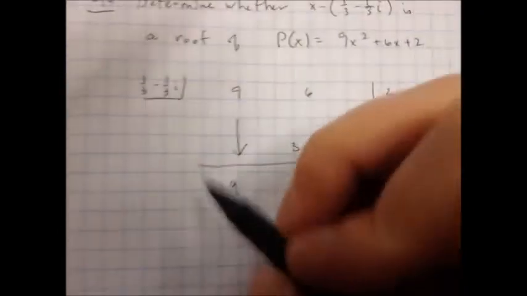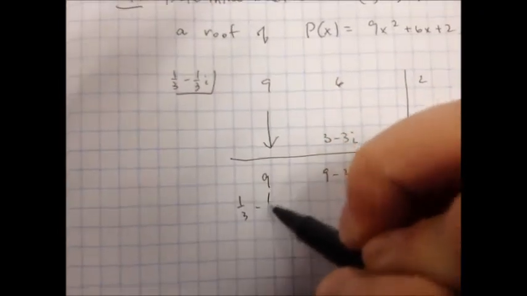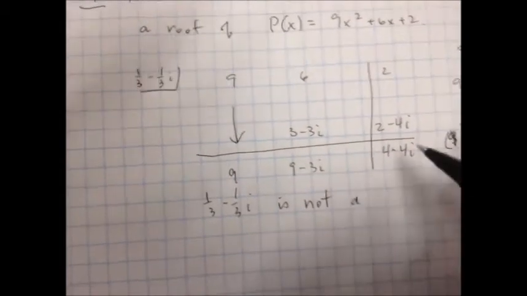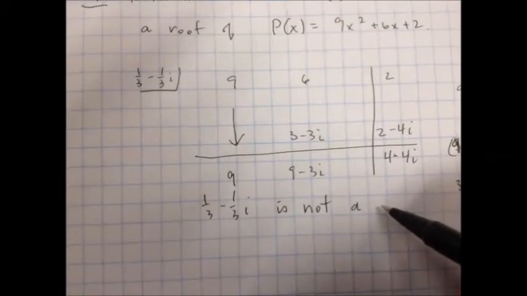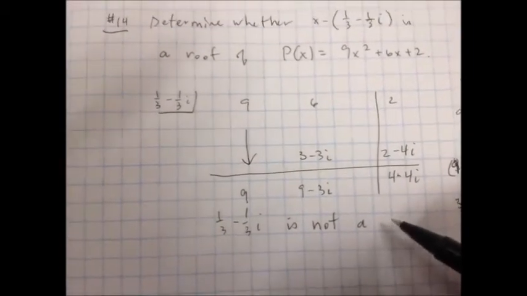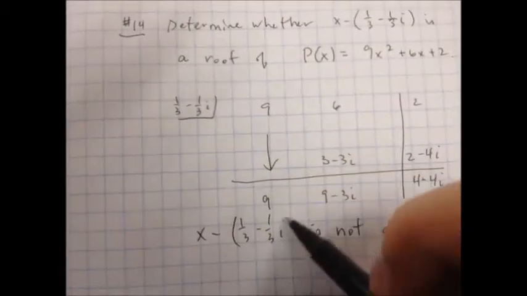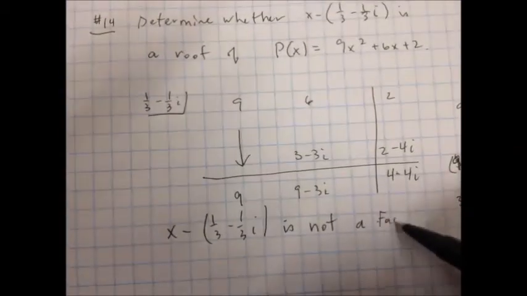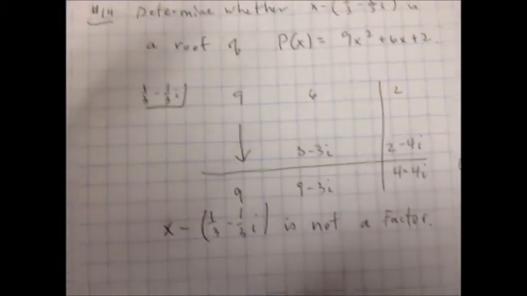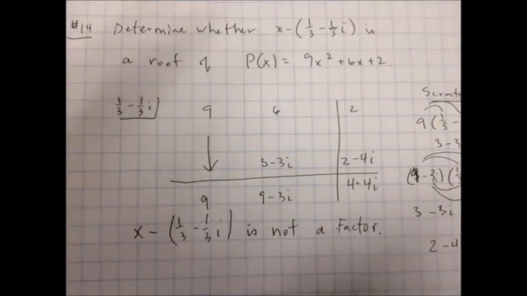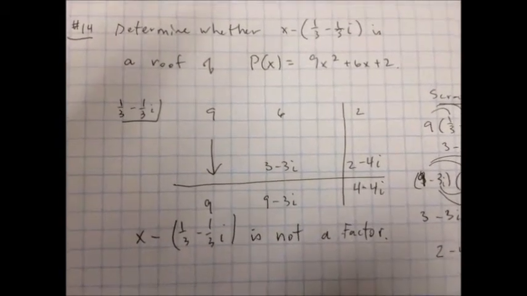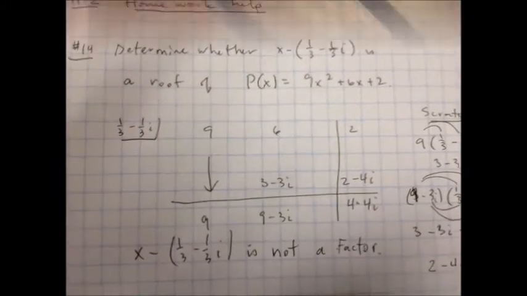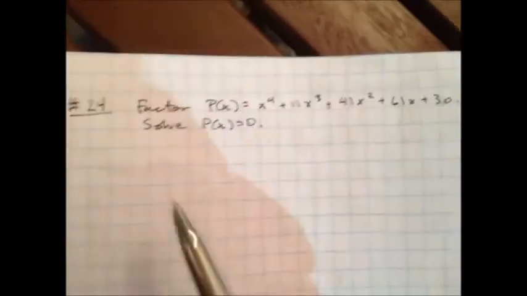And we notice that 1/3 minus 1/3 i is not a root, or x minus 1/3 minus 1/3 i is not a factor. So that one's very similar to number 13, and that's what happens when you have kind of a binomial, like 1/3, or a conjugate.